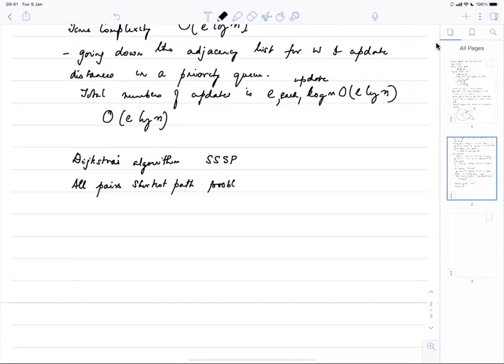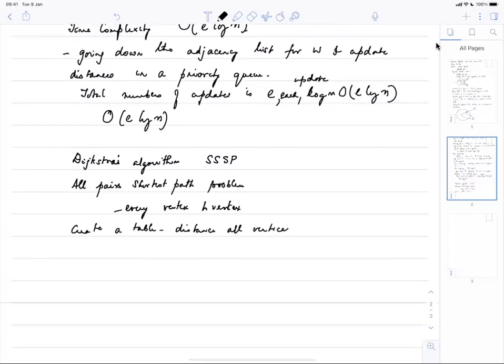See, in this graph that we were given, we were given distances from every vertex to every vertex, right? So the idea is, we want to create a table of, let's say, distances between all vertices.